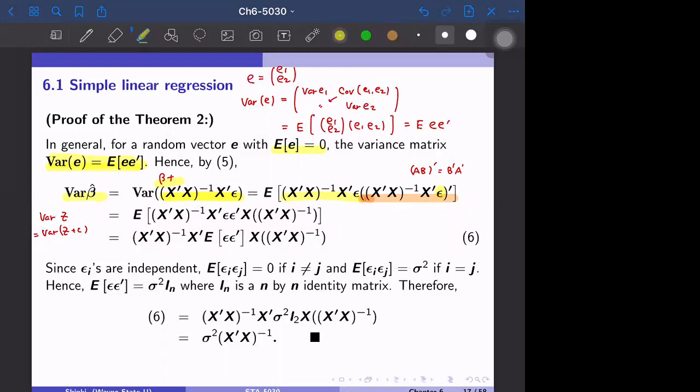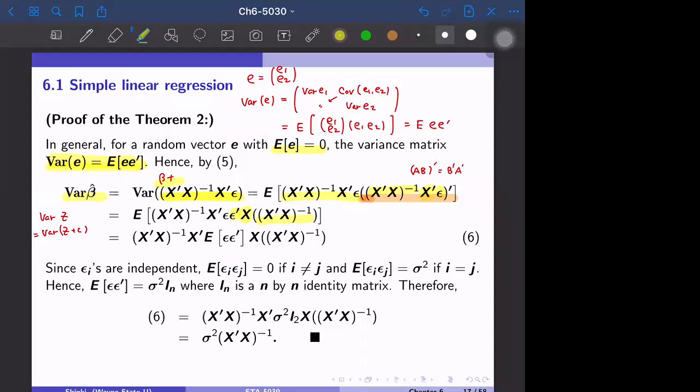So epsilon transposed, and X. And actually you can show that the transposed matrix of this is again this matrix, because X prime X is already a symmetric matrix, and the inverse is also symmetric, so the transpose does not change anything.